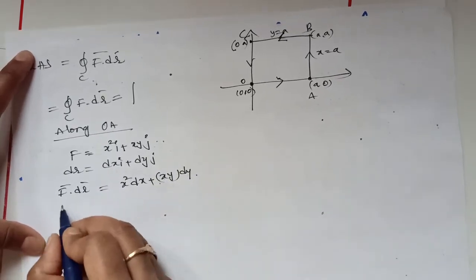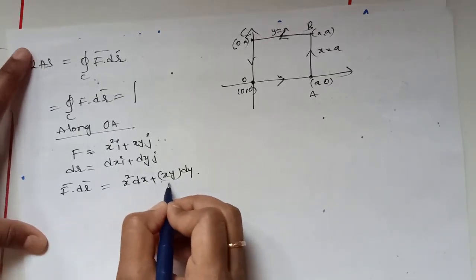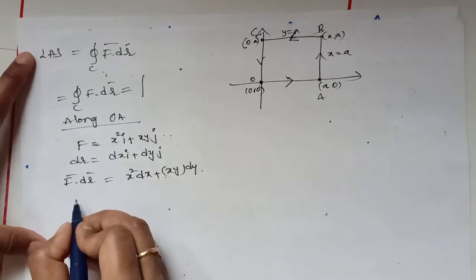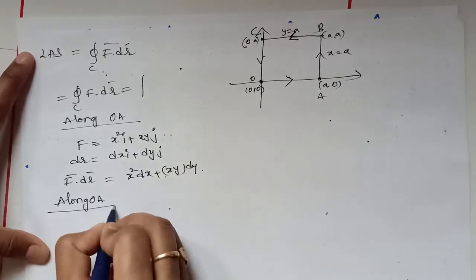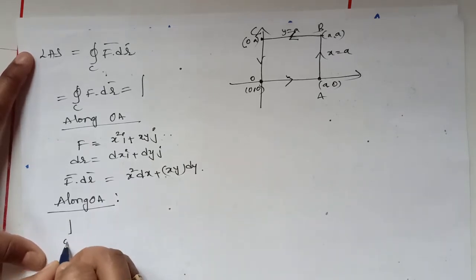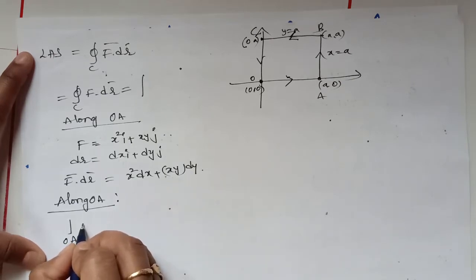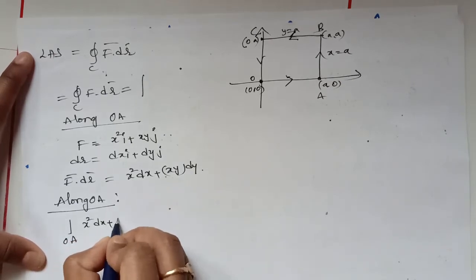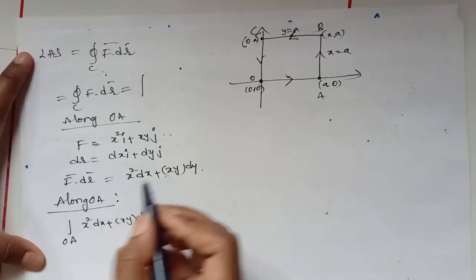Now along OA, f bar dot dr is x square dx plus xy dy.